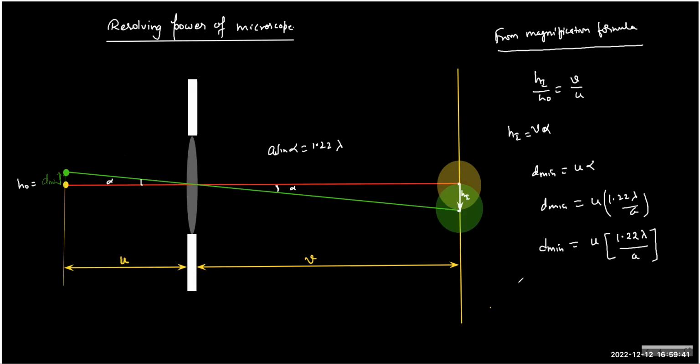Now this is the answer, but we have to express this in a different way actually. There is something called numerical aperture. It is the maximum angle up to which the light can enter the lens or the aperture. This angle we call theta, which is the maximum angle.